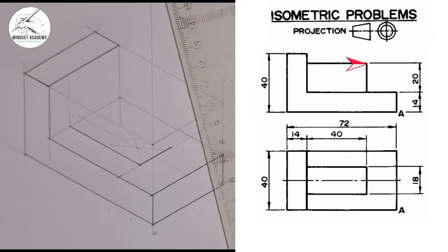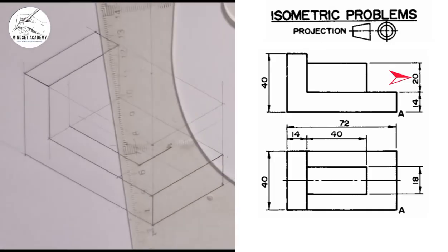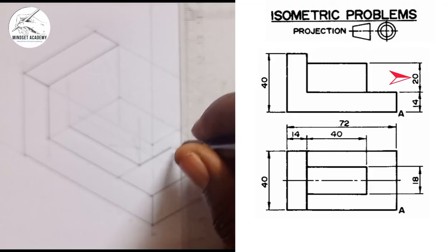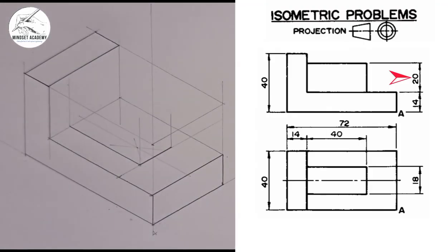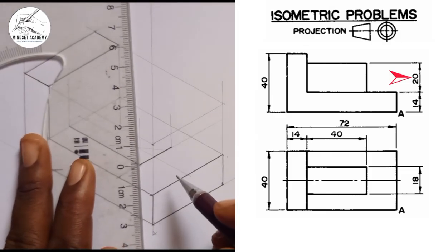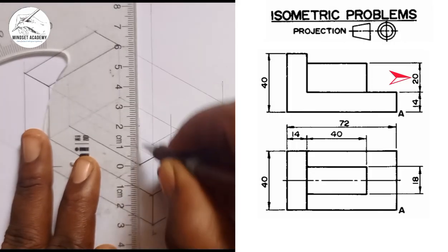It is 20, meaning that the height from here to here is 20. You can take it from any angle here. So if I take here up a little bit, and I take here up a little bit, it's telling me that the height is 20. So I'm going to measure 20 from 0 to 2 is 20. Hope you can see that.